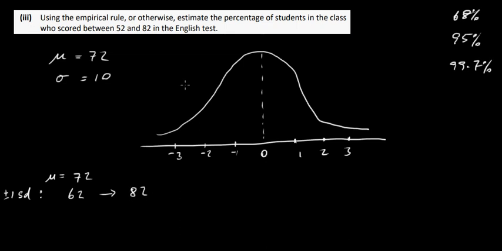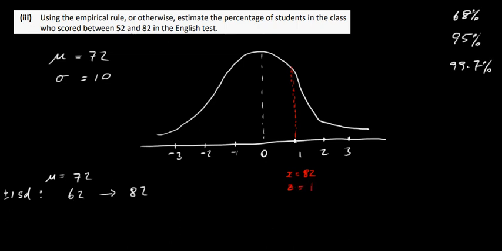And look, we have an 82 here. So 82 at least is going to be here. So this is our x is equal to 82, if you like. Z value is 1.